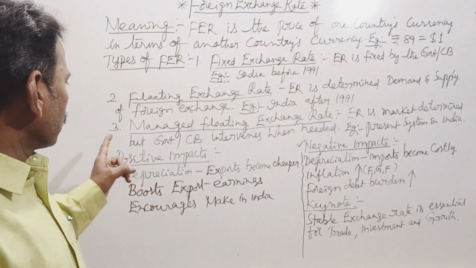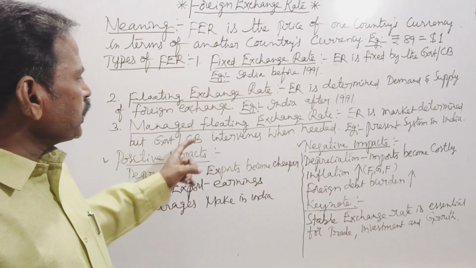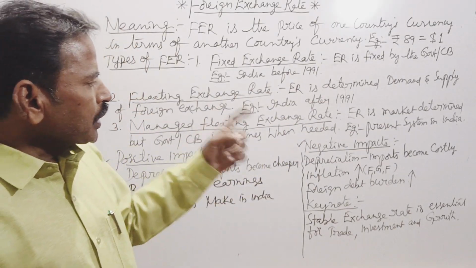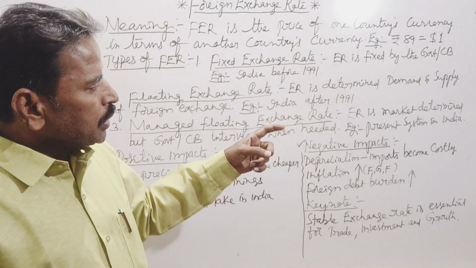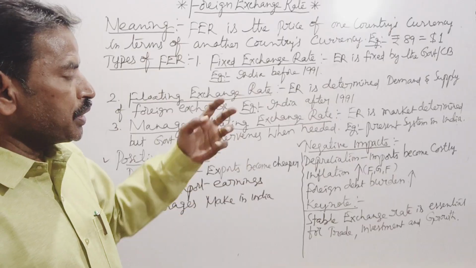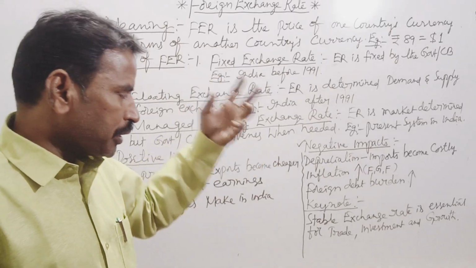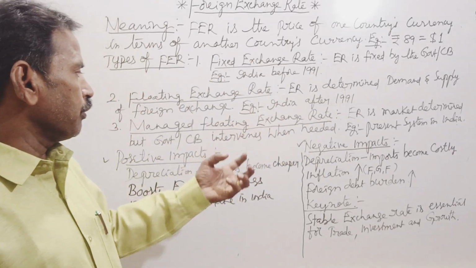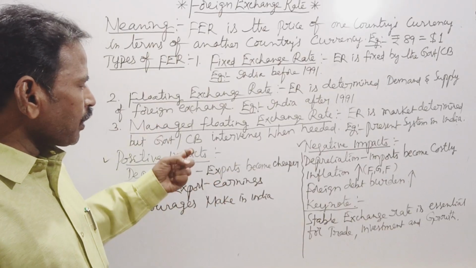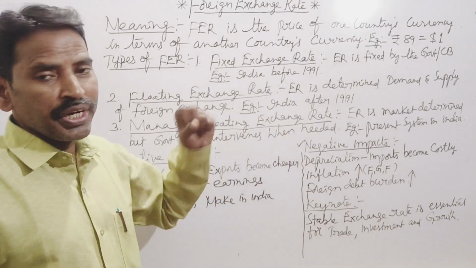Next, third one is managed floating exchange rate system. Here, exchange rate is market determined. That means exchange rate is decided by the market forces of demand and supply of foreign exchange, but government or central bank intervenes when needed.